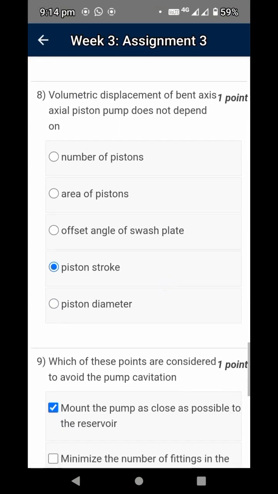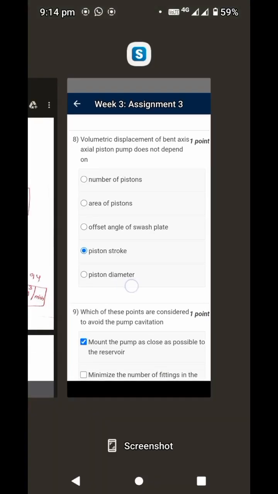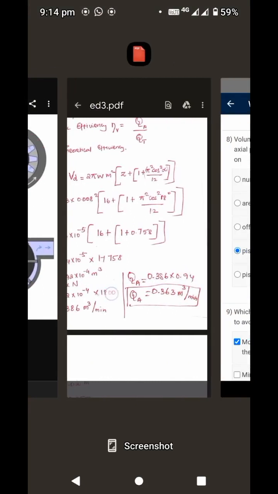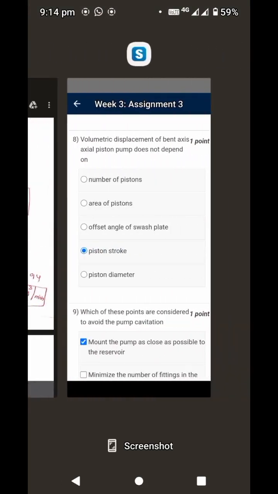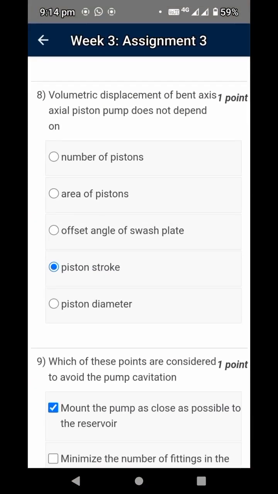Now check out question number 8. Volumetric displacement of bent axis axial piston pump does not depend on... Once again, I just show the formula. Actually they are asking about volumetric displacement of bent axis axial piston pump.